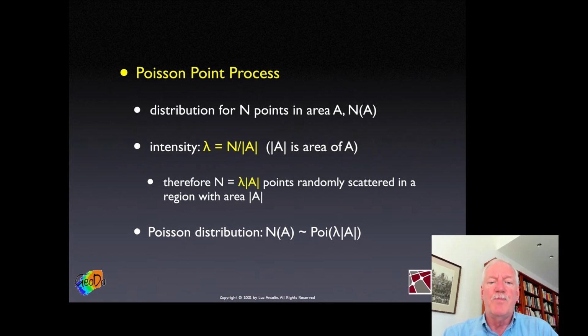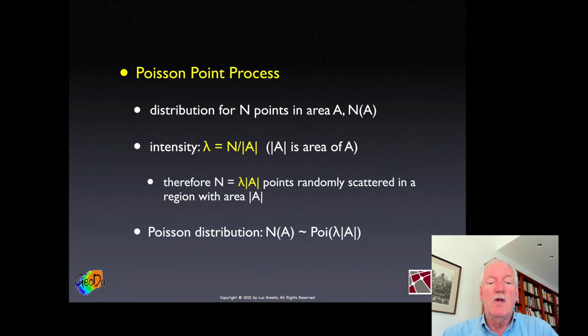So we're looking at the distribution of how many points would be in a given area following a particular intensity lambda. And as we saw, the lambda average intensity is the number of points over the area. In our previous example, that was 149 over the area of the bounding polygon that we used.